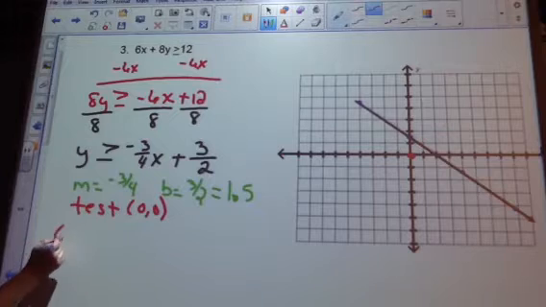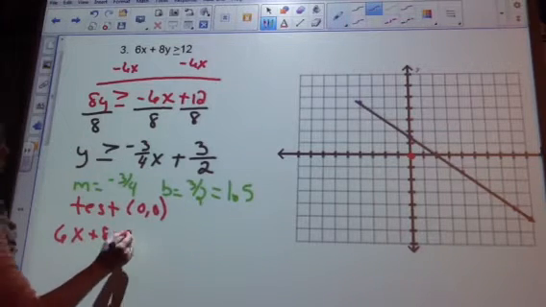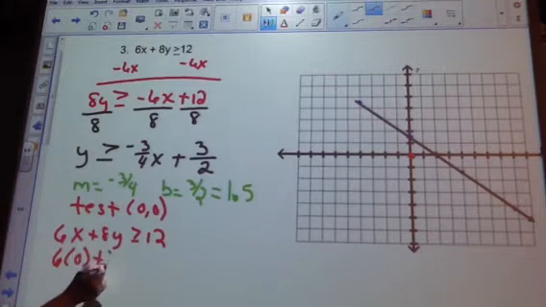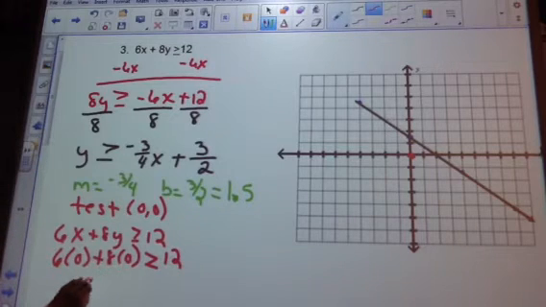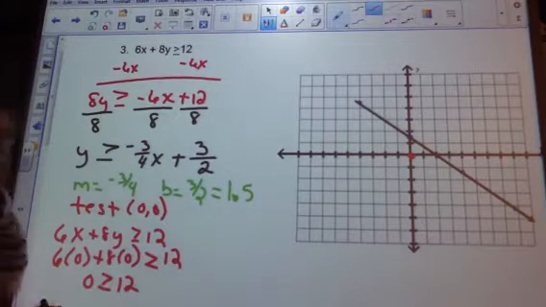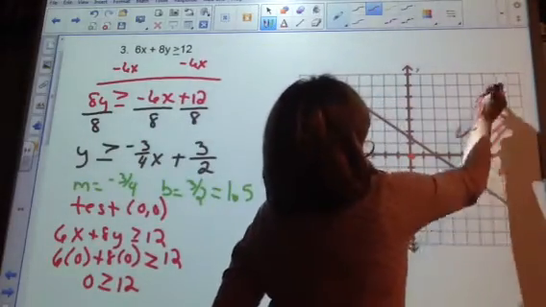Okay, and I'm going to substitute into the original equation, or inequality. So, is 0 greater than or equal to 12? That is incorrect. So that's letting you know that this here is your solution set.